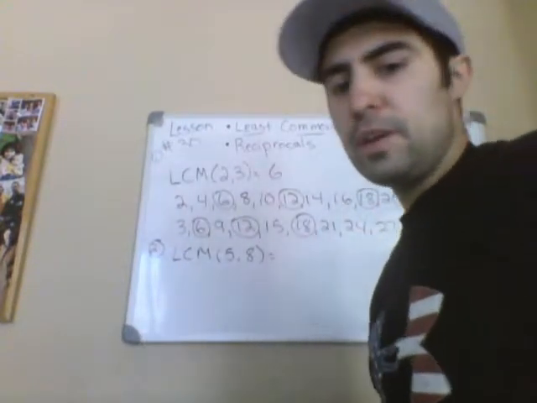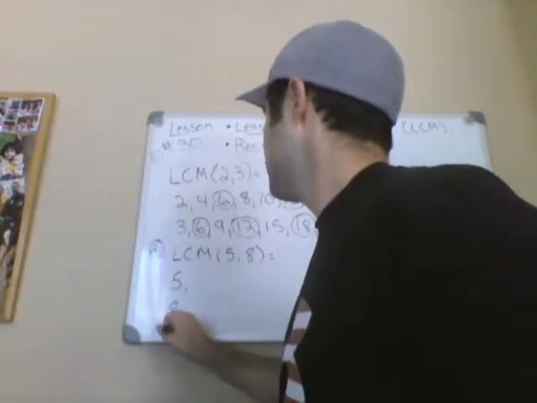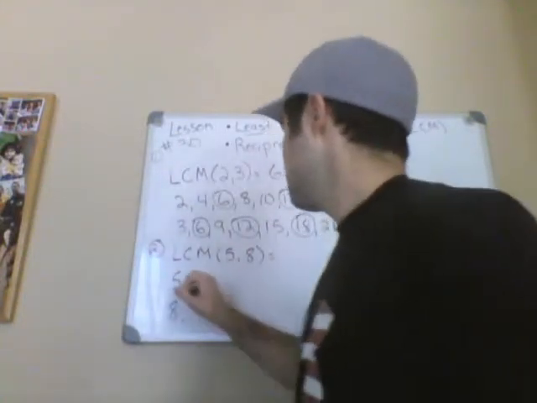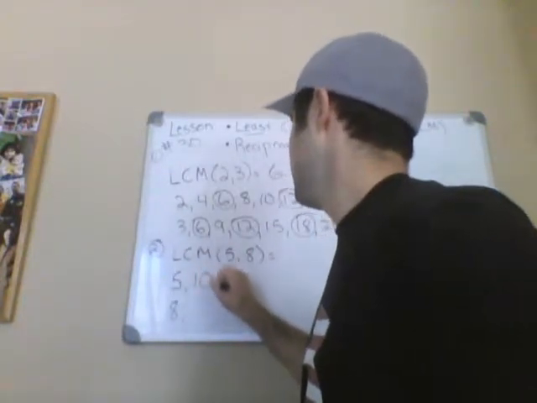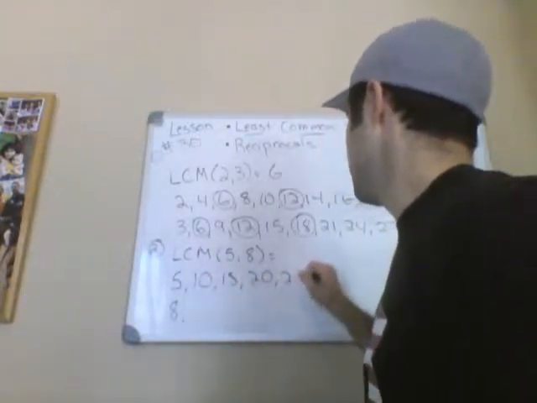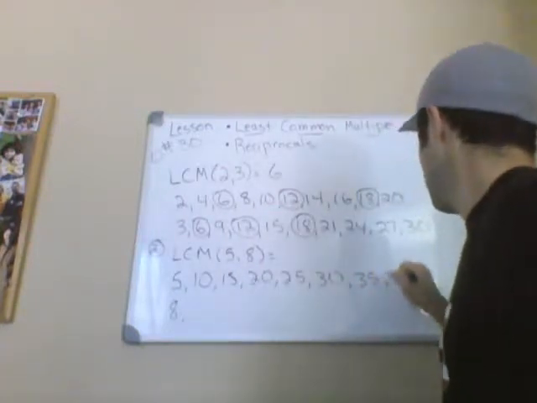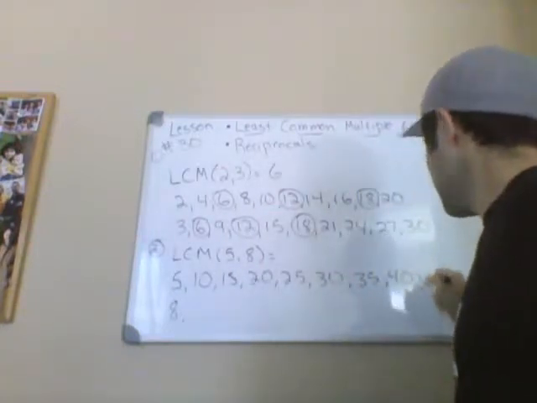Alright, here's another one. Let's find the least common multiple of 5 and 8. So list out your multiples really fast. 5, 10, 15, 20, 25, 30, 35, 40, 45, and it keeps going.